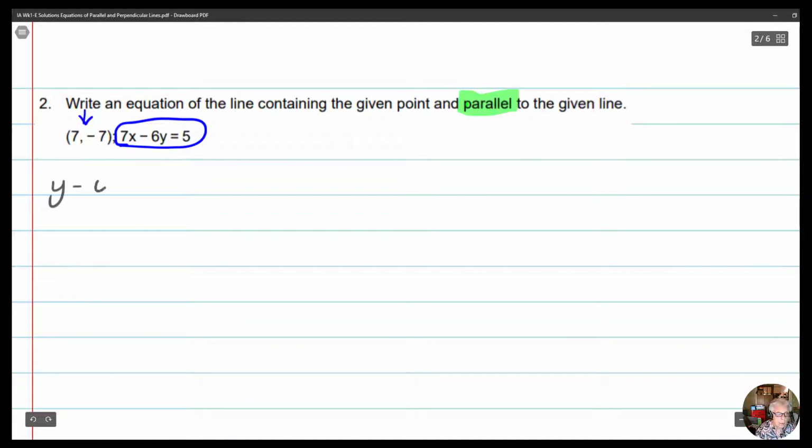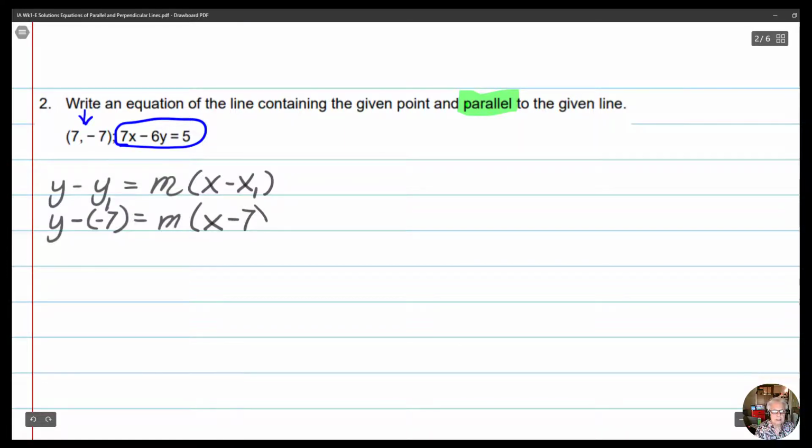Y minus y1 equals m, which we don't know yet, times x minus x1. Okay, y minus negative 7 equals, oh no, I love saying that, times x minus 7.